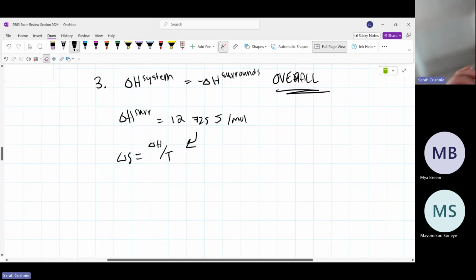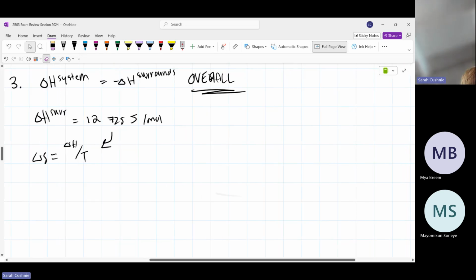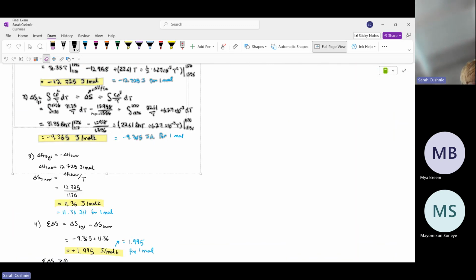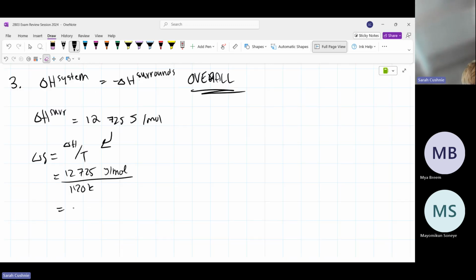So while we went through that whole little shenanigans to get the overall delta H of the system, we don't need to do that for the surroundings. We can just take the overall reaction. So that would be 12,725 joules per mole divided by 1120 K, and you'll end up with, I don't want to plug that into my calculator, 11.36 joules per mole K as your final answer.